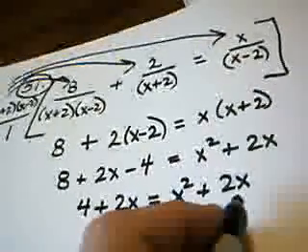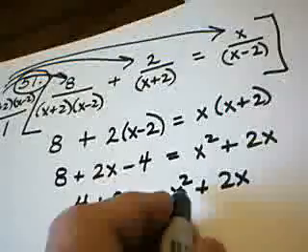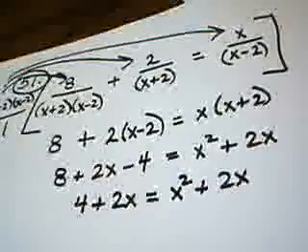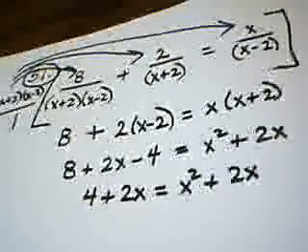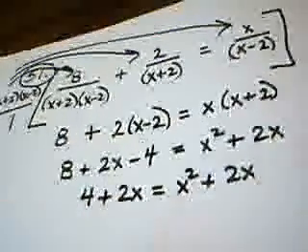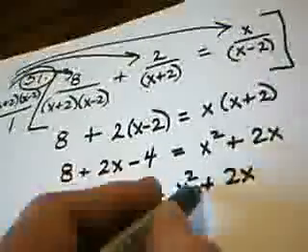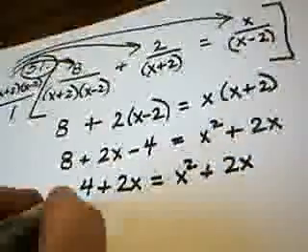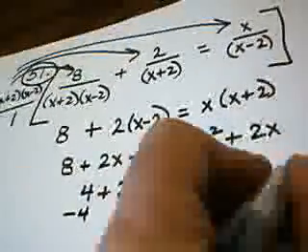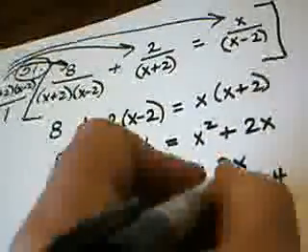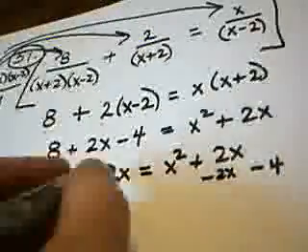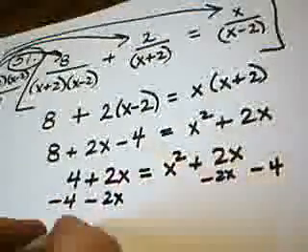I see that I have a quadratic equation, so I need to put it in standard form. I'm going to keep the lead term positive, so I'm going to subtract 4 from both sides of the equation as well as 2x. When I do, the left-hand side becomes 0.